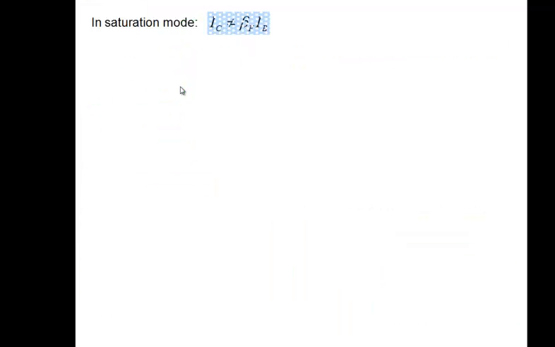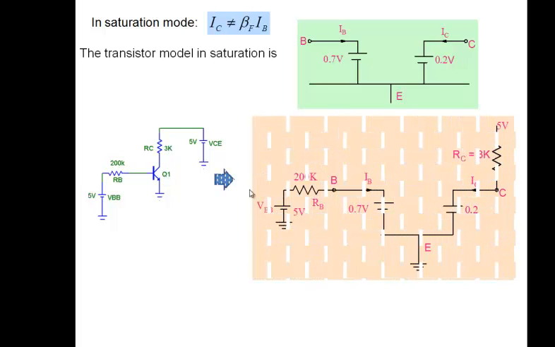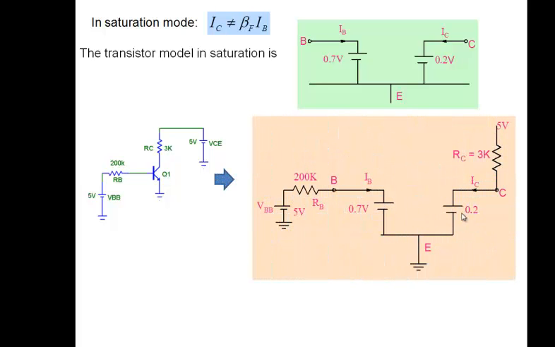Now in saturation mode, remember this is the model that we have. So what we do is, again coming back to the circuit, we take this transistor out, we substitute now this model. Now note one thing here, we substitute this model, IC is not equal to beta times IB now. It is in saturation. So again now we calculate our base current here.